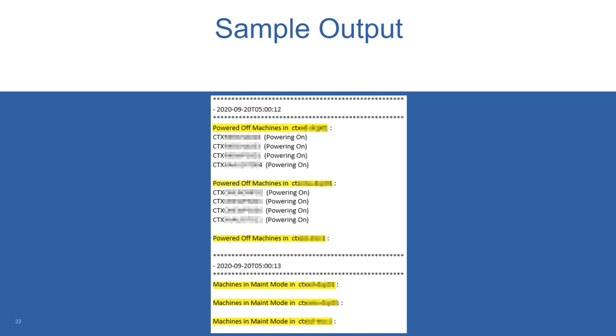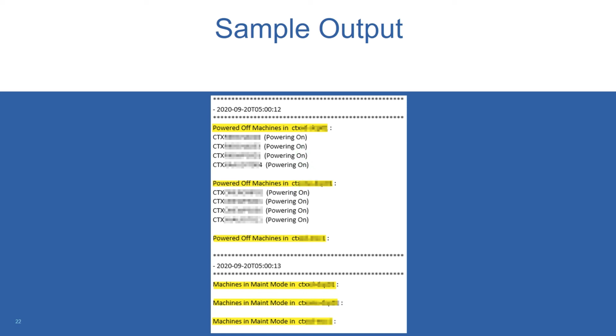Here's what the powered off function looks like. Again, 3 different sites. It's found 4 machines at this site, found a different 4 machines at this site, and it's powering them on. If there was a problem, it would say it couldn't power on, or it would let you know what it's doing.